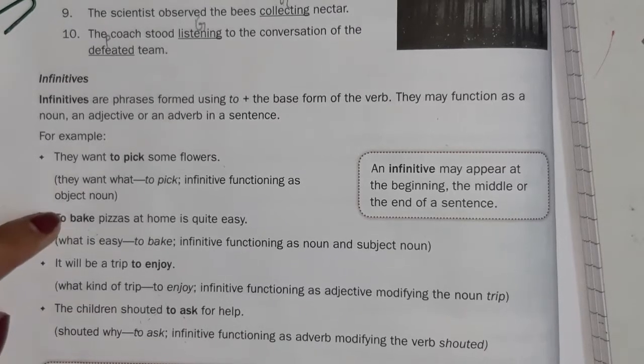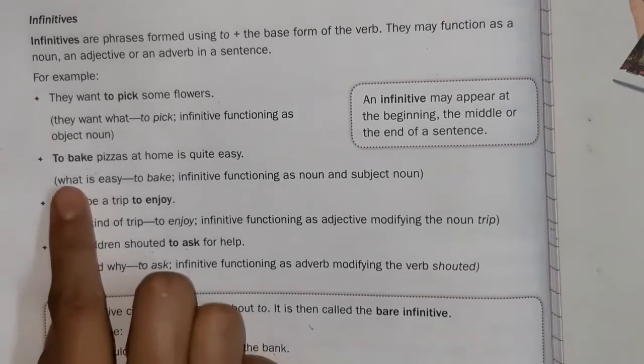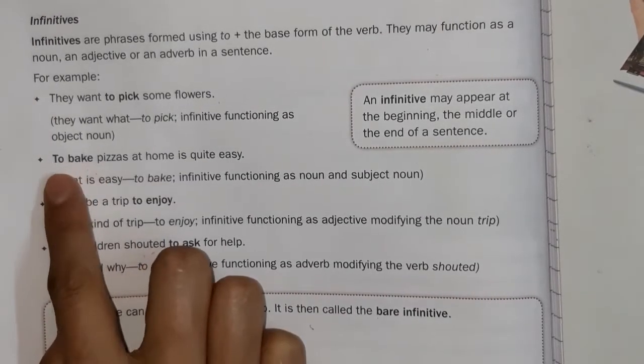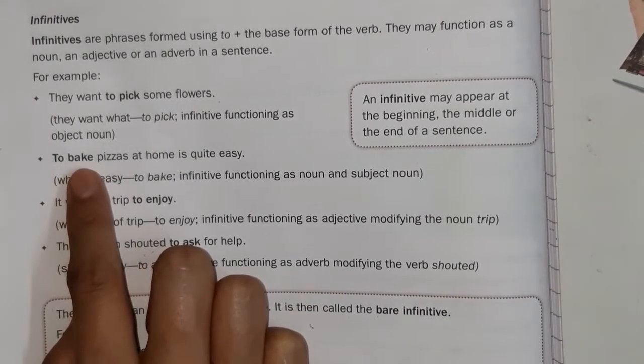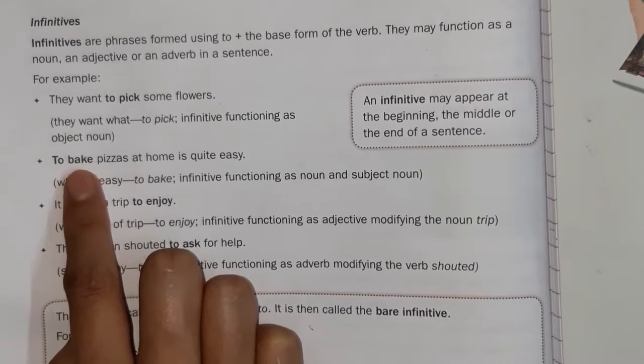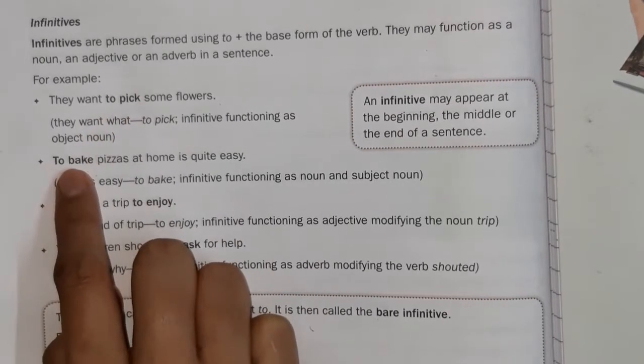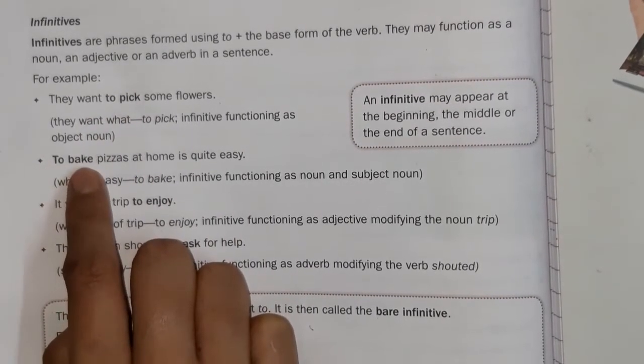So next, to bake pizzas. Here to bake, which is an infinitive, is written as a subject noun. Here to pick is working as an object noun, and here to bake is working as a subject noun.